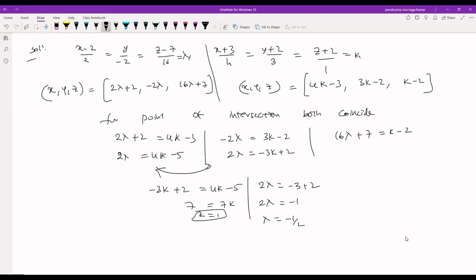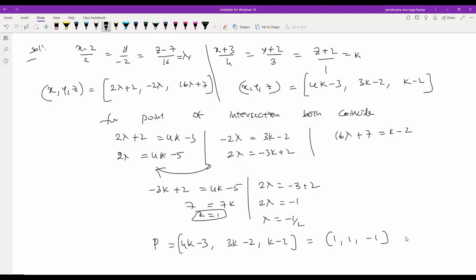Both are the same only. So the P point will be, using 4k minus 3, 3k minus 2, and k minus 2. Substitute k value 1, then it will be 1, 1, minus 1. So there we have the P point.